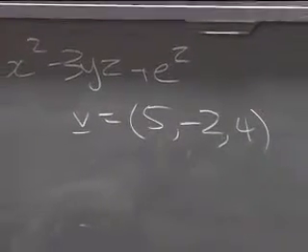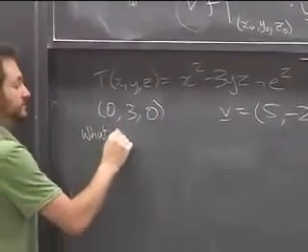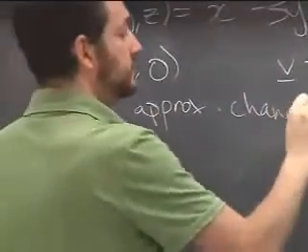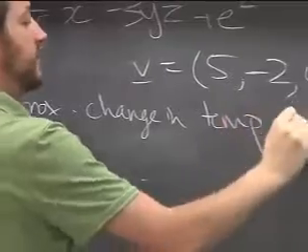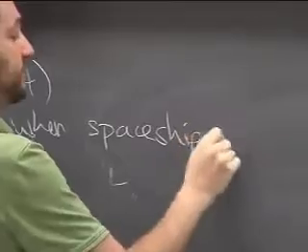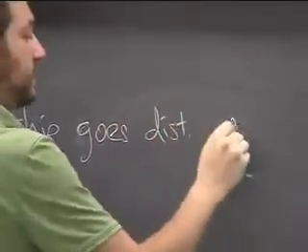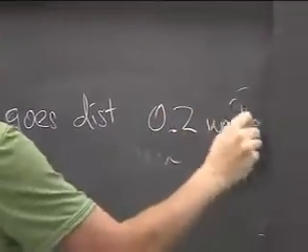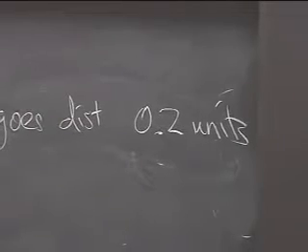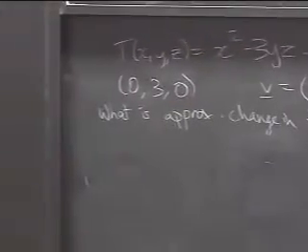How much does the temperature change approximately? What is the approximate change in temperature when the spaceship has gone a distance of 0.2 units in this direction? So of course it doesn't actually go in that direction necessarily. It could turn away, but I'm looking for approximates here.